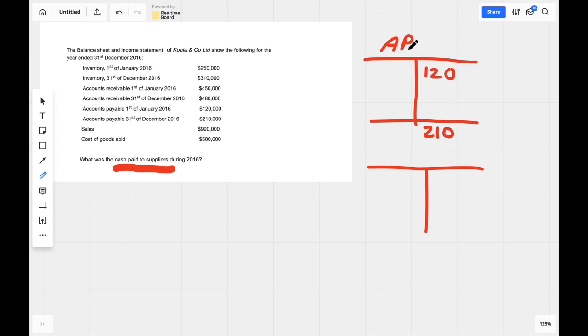What makes accounts payable increase, and increases for liabilities go on the right hand side, is purchases. Purchases come from inventory accounts.